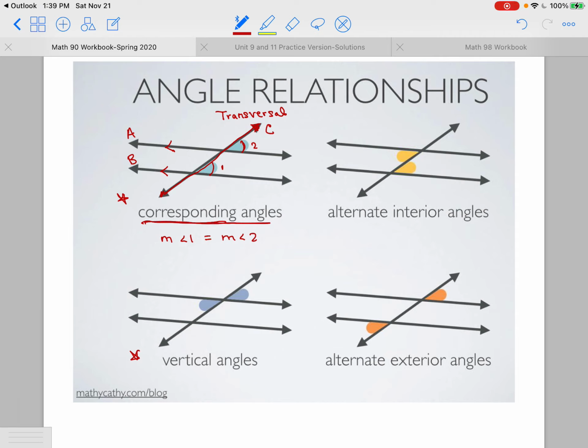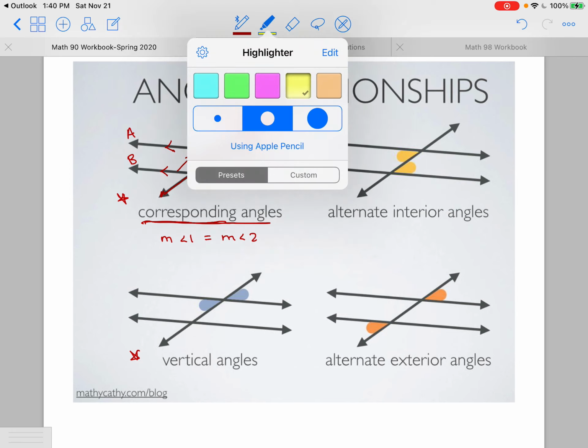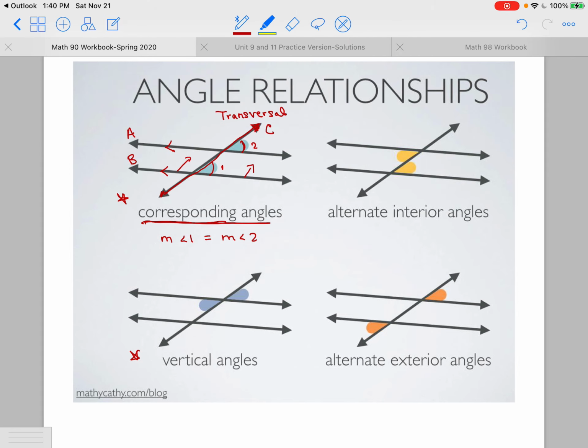Basically, if we were to move B upward and a little to the right, you can see that angle 1 is going to be sitting in exactly the same spot as angle 2, right? And if we had an angle here, if we move that line up, it would be sitting in that same spot. So those two angles are corresponding angles.